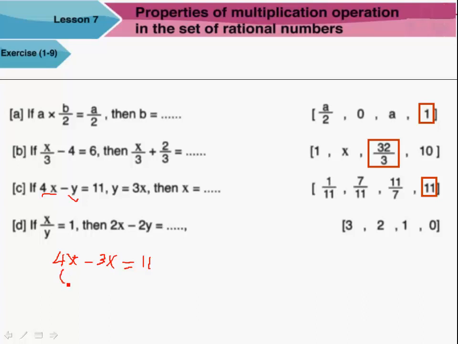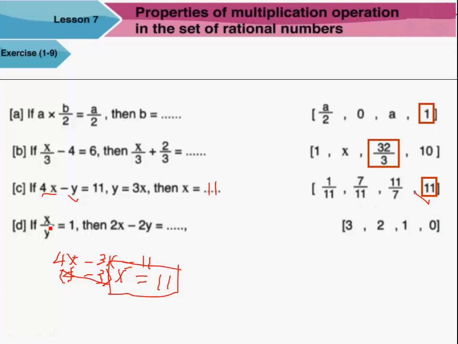You remember, we took something like that. We take x outside the bracket, and we have 4 minus 3 is 1. So x is equal to 11. So we must write x is equal to 11, which is this one.